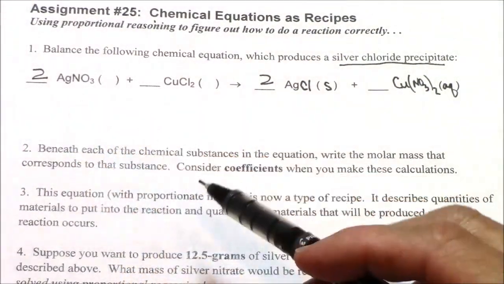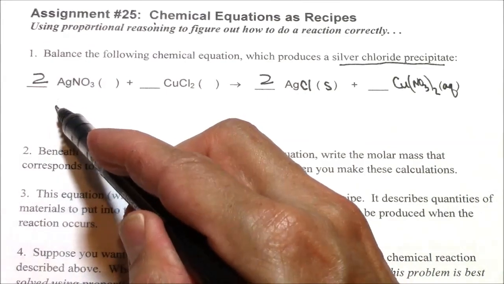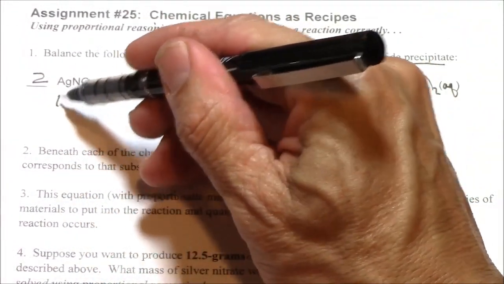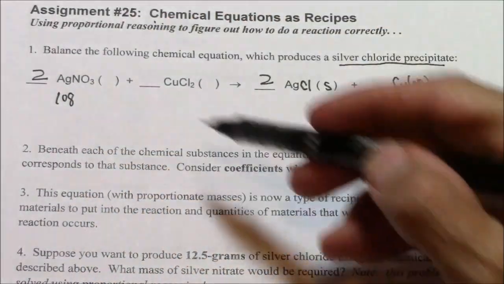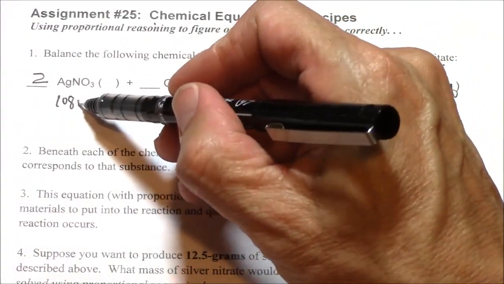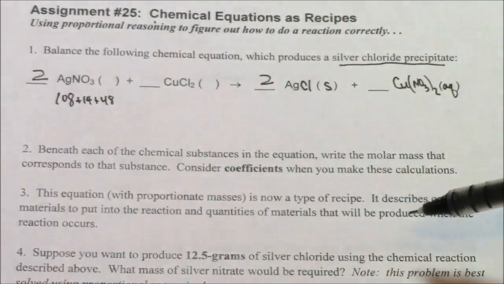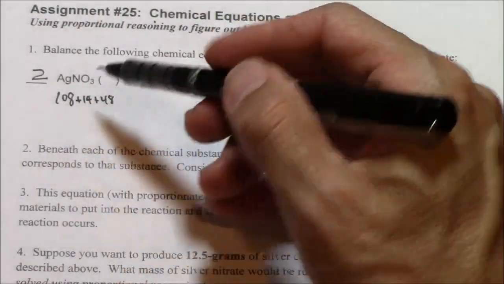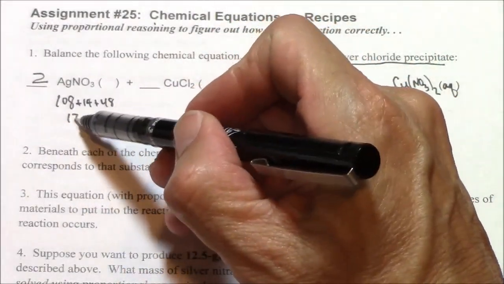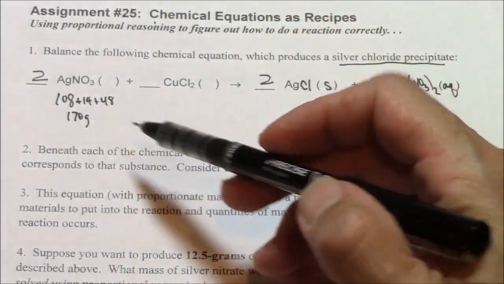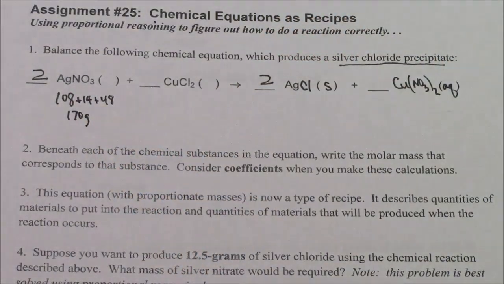So silver is 108 grams as an atomic mass. Nitrate is 14 and 48. So that adds up to a total of 170 for a silver nitrate molar mass.